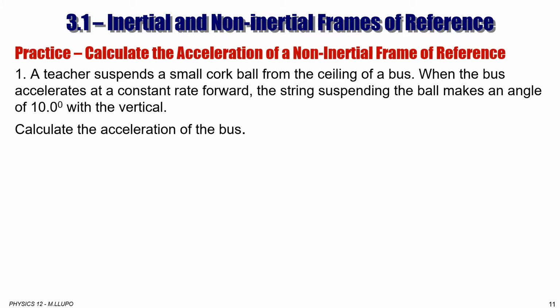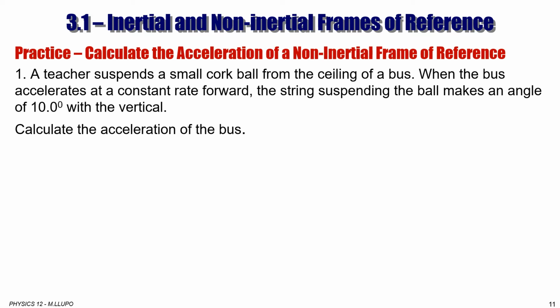Now we have a practice problem where we calculate the acceleration of a non-inertial frame of reference. A teacher suspends a small cork ball from the ceiling of a bus. The bus accelerates at a constant rate forward, so that means the bus frame of reference is non-inertial, accelerating relative to the ground, which is an inertial frame of reference.